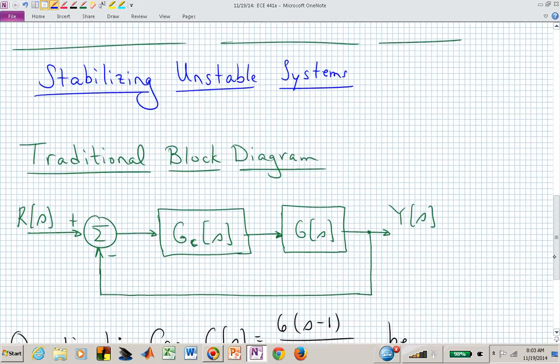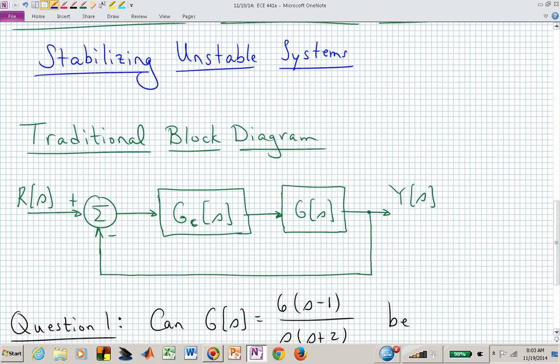Let's get into then stabilizing unstable controllers, and this will be on the exam. You will need to know this kind of technique or these strategies, and most of the time we will play with a traditional block diagram where we may not have anything in the feedback path. We have unity feedback, but it's traditionally a negative sign, though maybe at the end of today we will talk about what happens when we change that feedback path to positive feedback.